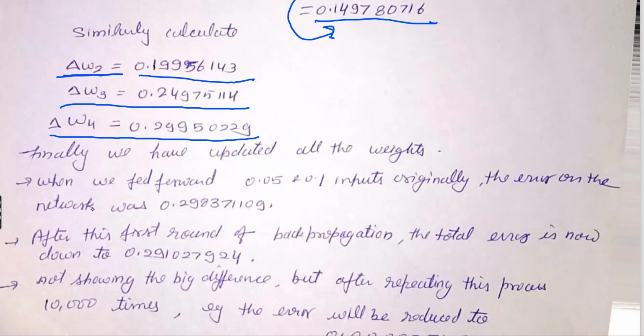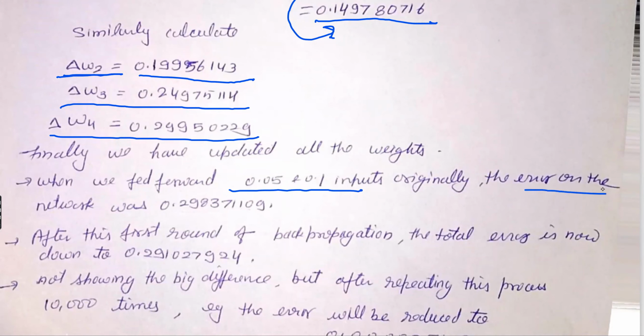Then we again follow the first process, feed forward. We will propagate in the forward direction, and then we will calculate the outputs O1 and O2 with the same input, 0.05 and 0.1.